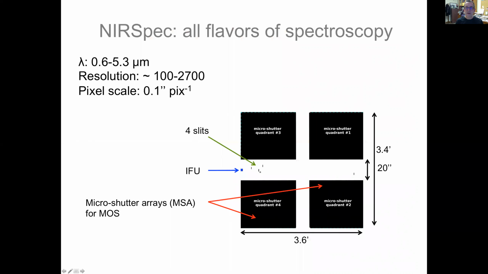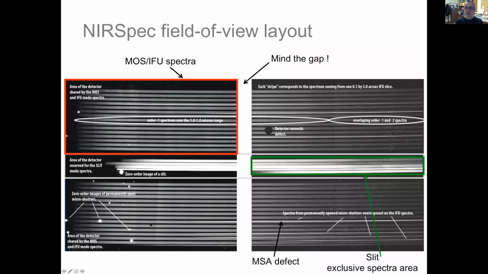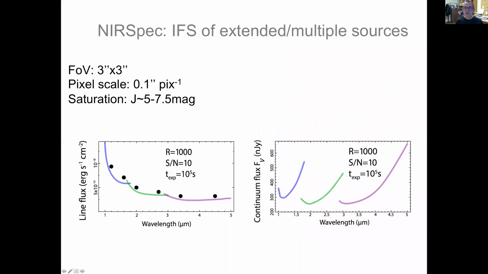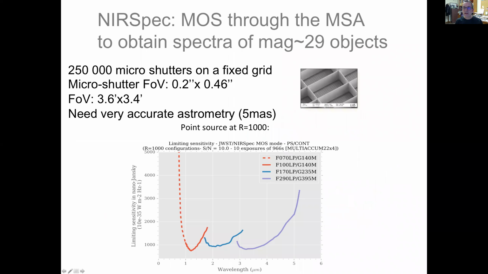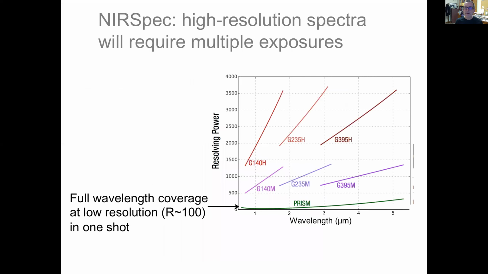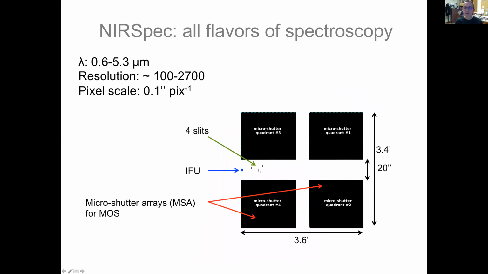It has an array of what we call microshutters. So basically, let me show them to you here. They look like this. These are little microshutters that have a tiny field of view, 0.2 by 0.5 arc seconds, that you can open and close to actually define slitlets. There are thousands of those here.